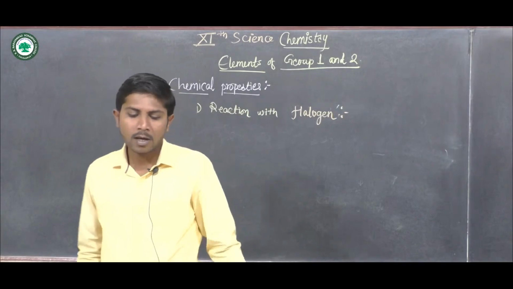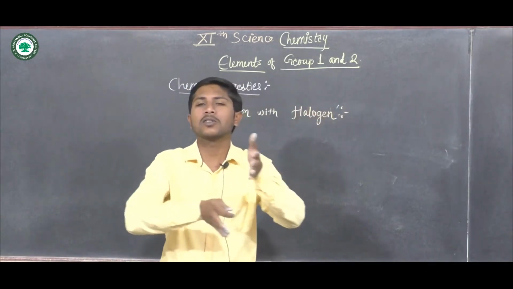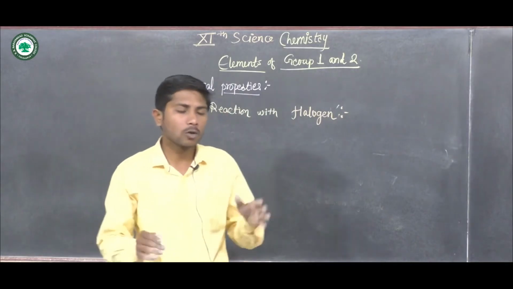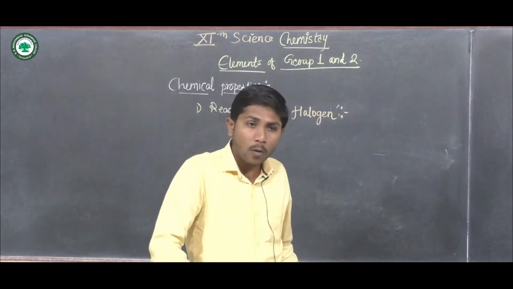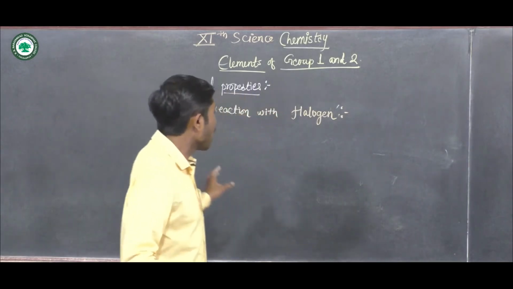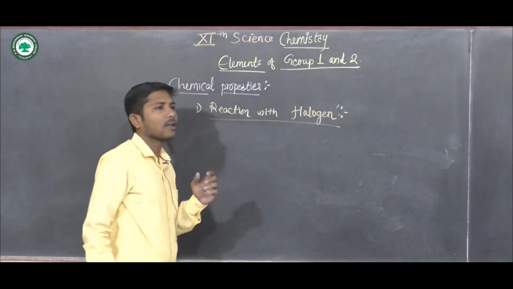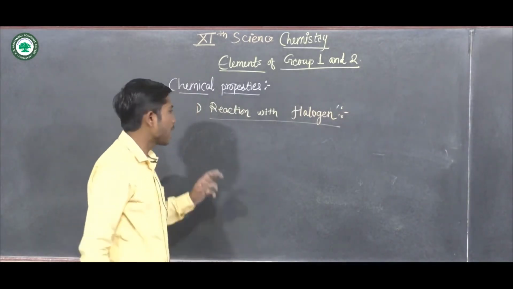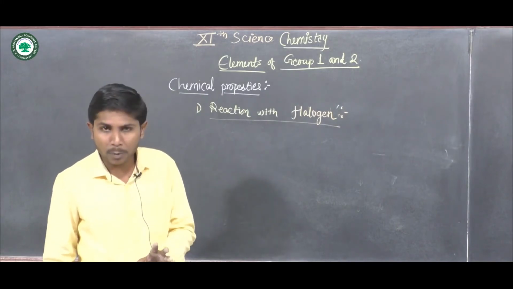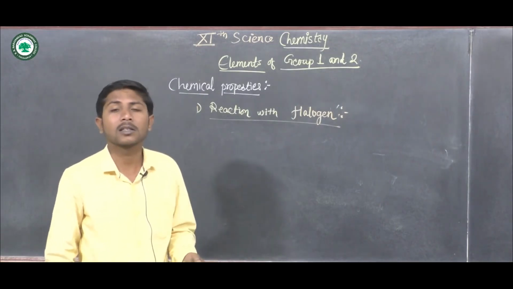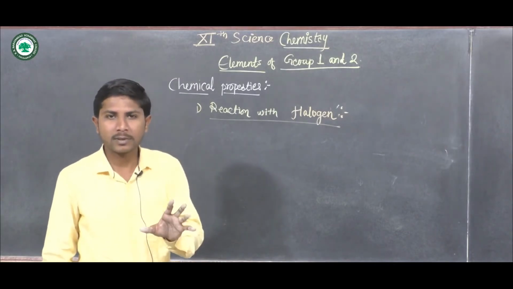As we know, the highly reactive metals of group first and the highly reactive non-metals of group 17, that is the halogens, when they react, there is a transfer of electrons, or a complete reaction, and these reactions are redox type reactions where the product is the corresponding metal halides or salts of the halides.